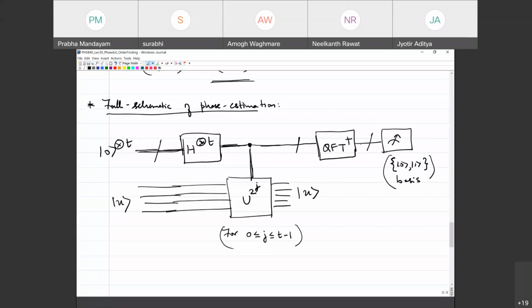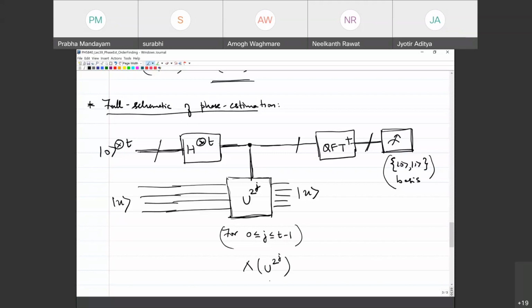Okay. So I hope this idea of phase estimation and how the Fourier transform helps you to do phase estimation is clear. You notice that there is not much overhead over and above the Fourier transform. The main overhead actually, it turns out, is in implementing these controlled U raised to 2^j.